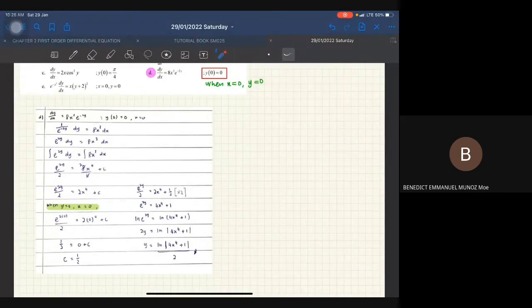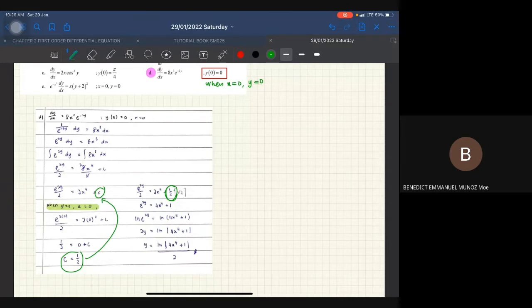So we just substitute back this value of c into your general solution, sebab kita nak cari particular solution. Okay, so this one adalah nilai c awak. Daripada sini kita ada e power of 2y/2 equal to 2x power of 4 plus 1/2.